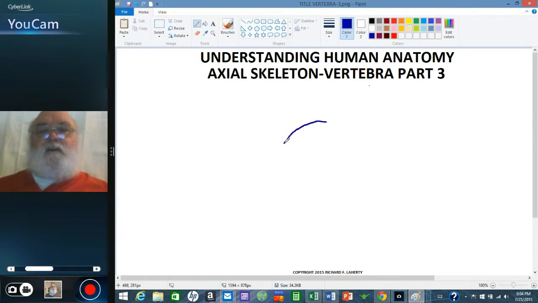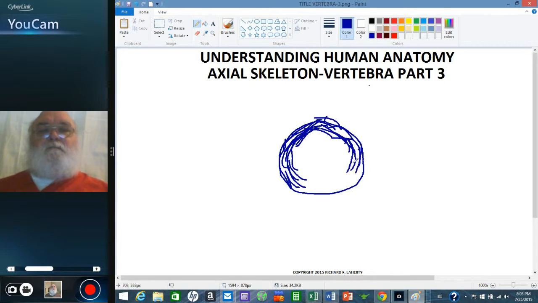And what we see is that it is a circular structure and it's made up of an outer ring of fibrous tissue.